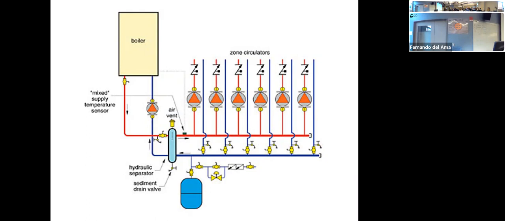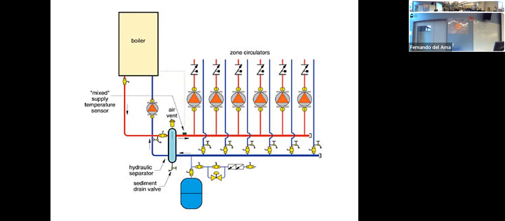If we have 2 circuits, we just have 2 vertical pipes, and that's it. But if we have 10, 20 different circuits, we have these manifolds, and before the water pump or the circulation pump, we always have a valve.